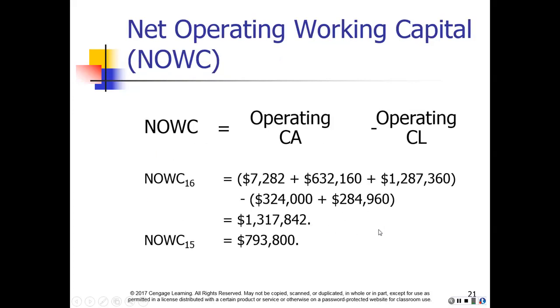So net operating working capital for 2016: we go back to the balance sheet and add up the cash, the accounts receivable and the inventories, and then we subtract the operating current liabilities, which are accounts payable and accruals, right?